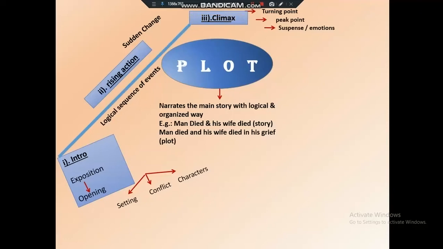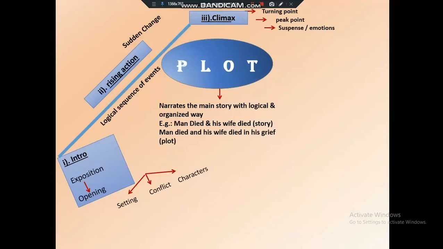So this is the scene in climax when Portia is going to fight the case of Antonio in the court as a lawyer. So what is going to happen after this case? What is going to happen to Antonio? Will he be given punishment, or will he be released by the court? So this is all about climax.